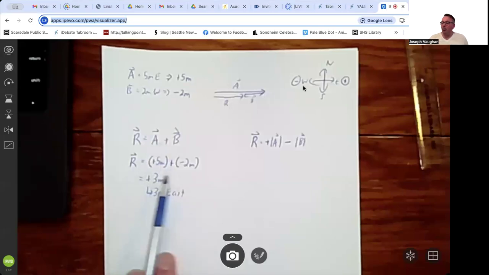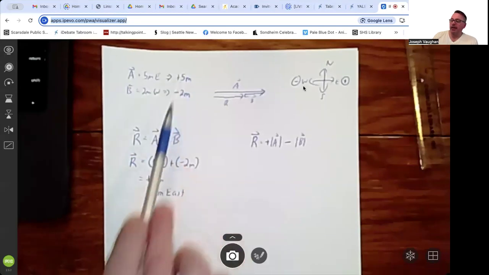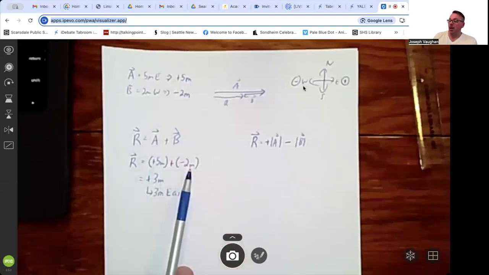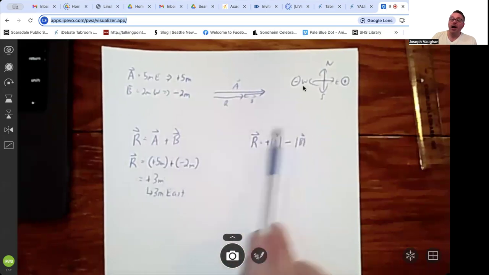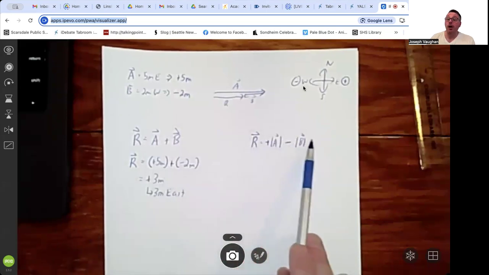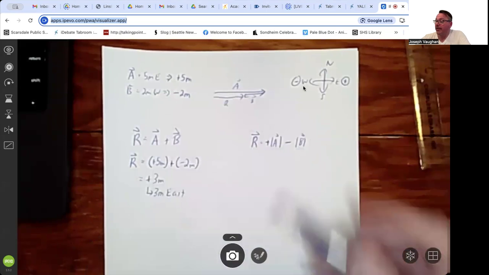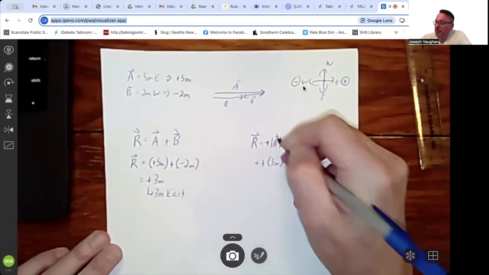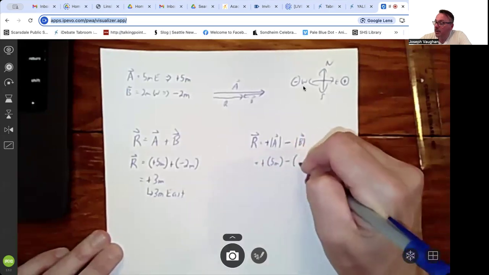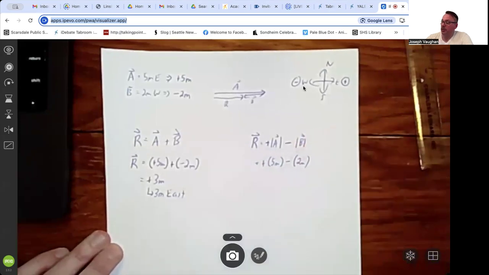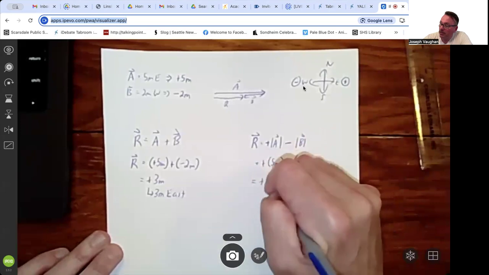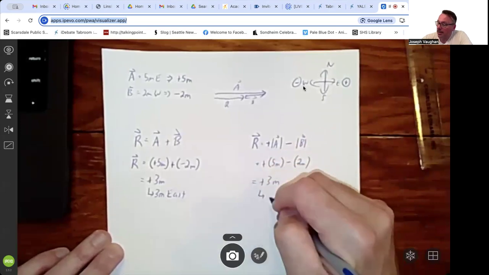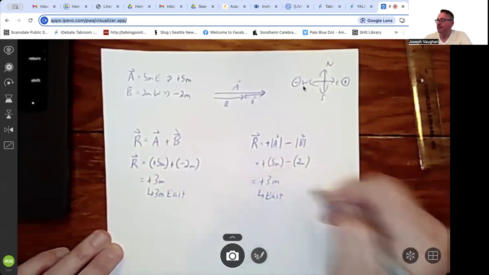So it's just about where you use the declarations. In the first methodology, I use the declarations in the plug-in, but in this methodology, I use the declarations when constructing the equation, right? So then I would put in plus 5 meters, since 5 meters is the magnitude of A, minus 2 meters, since that's the magnitude of B, and I get the same result of plus 3 meters, and that plus means east, okay?